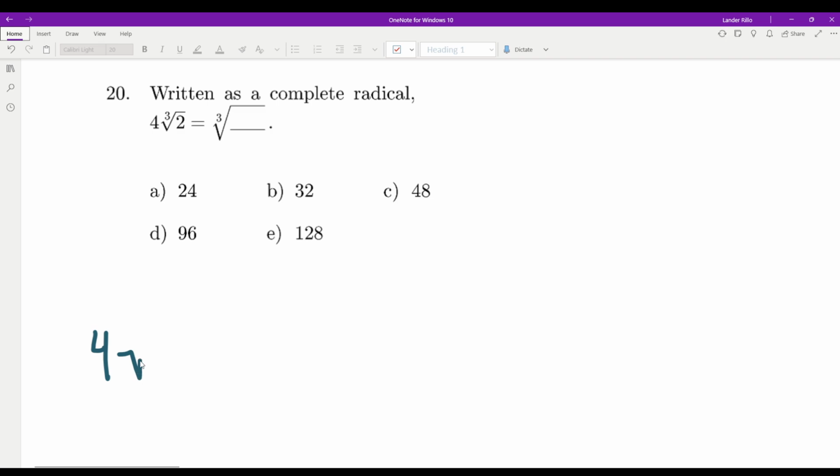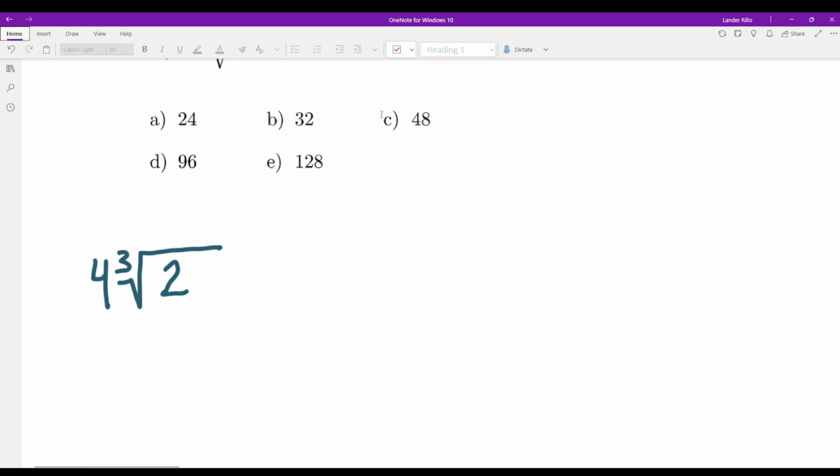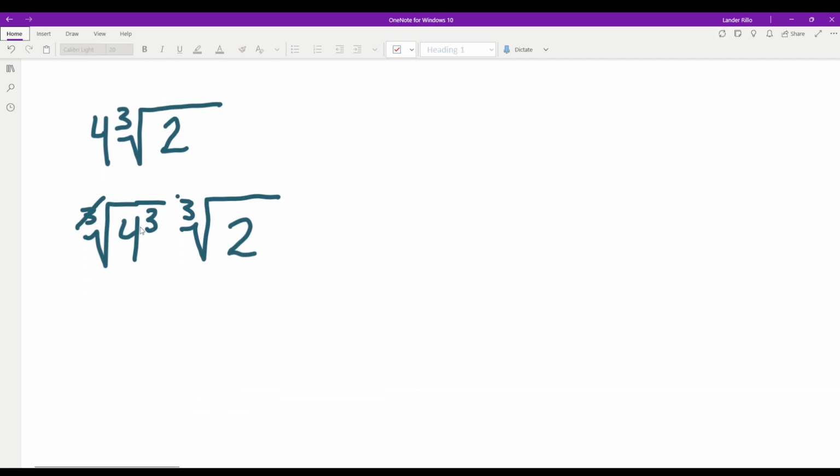So now let's write as a complete radical again. Now it's a cube root. To put it inside a cube root, you gotta first cube root it, cube it. Notice that these cancel usually, and you get 4. But now we're doing the reverse process. We use cube root and cube it.